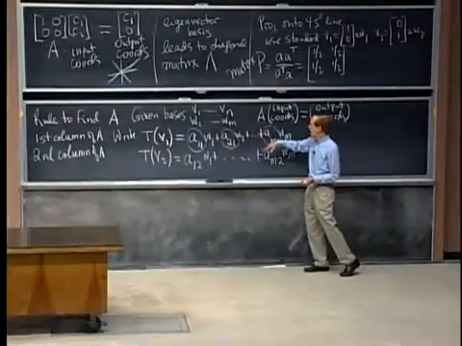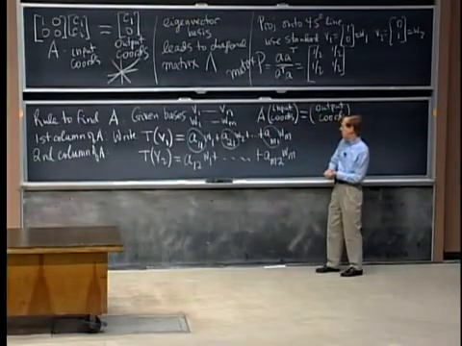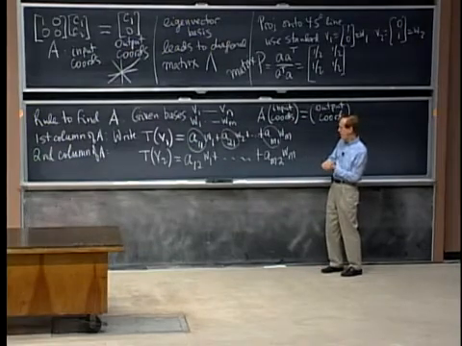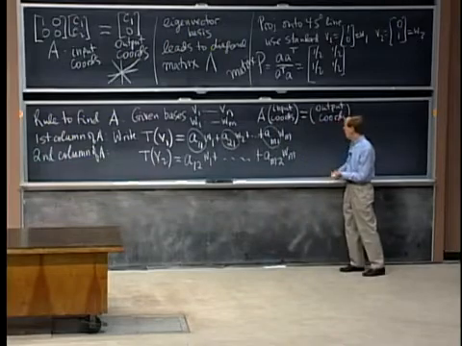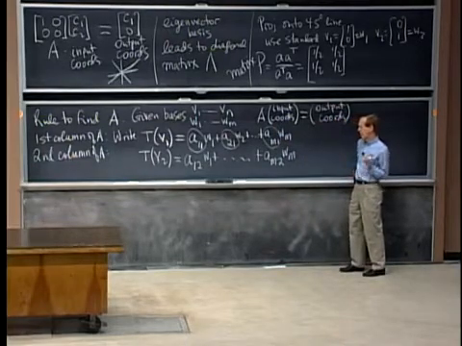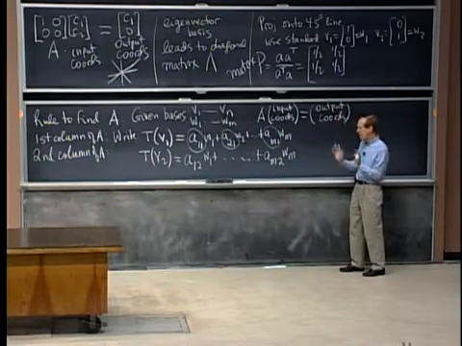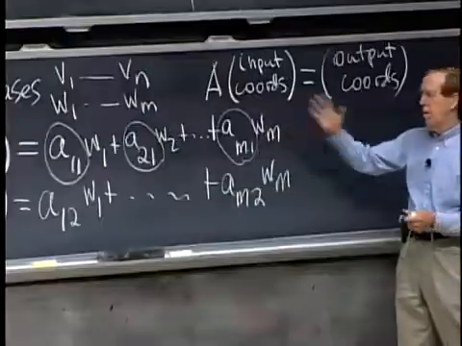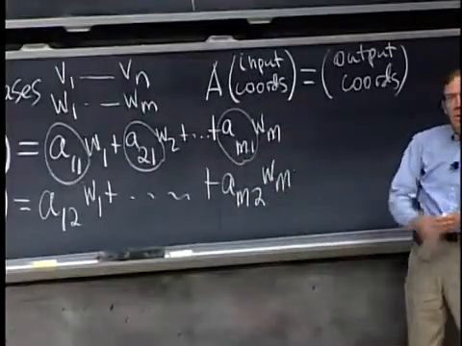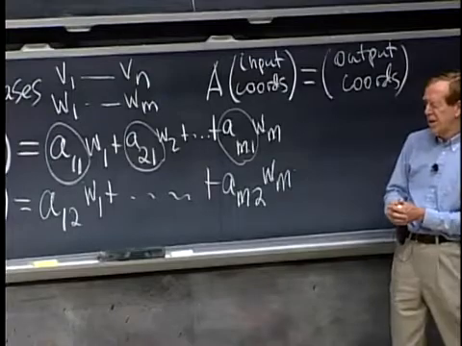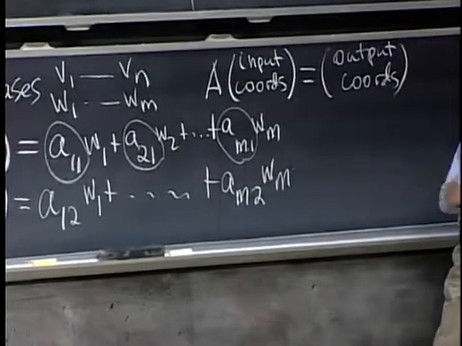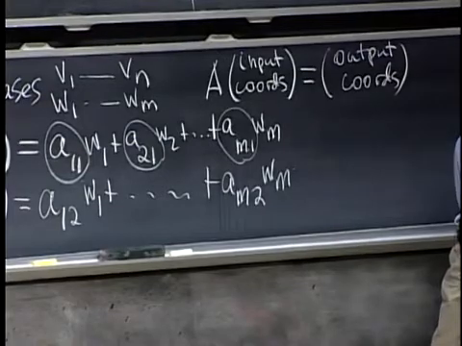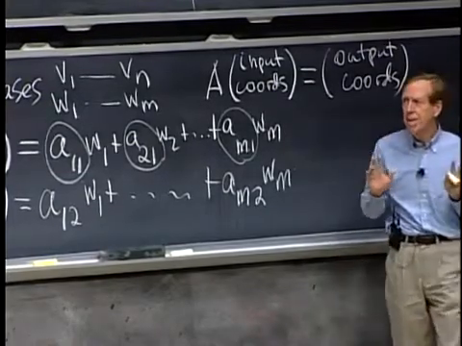When I multiply A by the 1 and all zeros, I'll get the first column of A. I'll get these numbers. And sure enough, those are the output coordinates for T of v1. So we made it right on the first column. We made it right on the second column. We made it right on all the basis vectors. And then it has to be right on every vector.